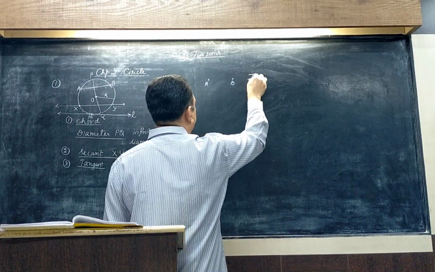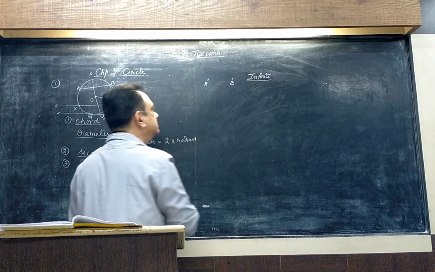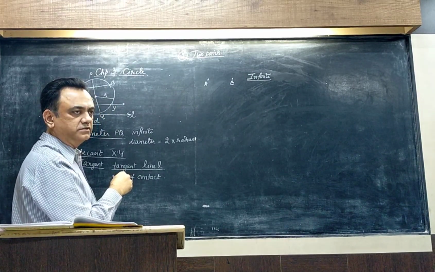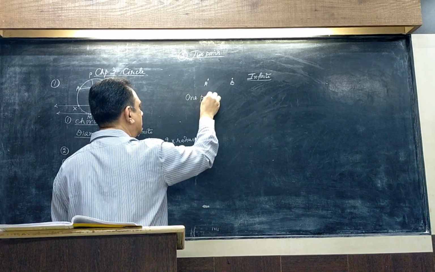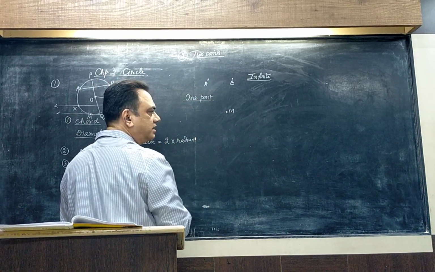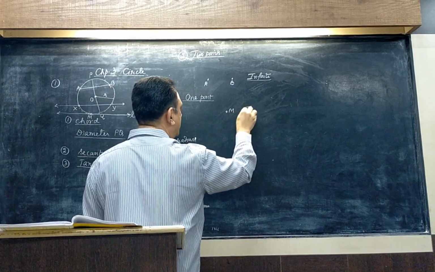That is infinite. Infinite circles can be drawn passing through 2 given points. If there is one point M, how many circles can be drawn passing through this one point? Again, infinite.